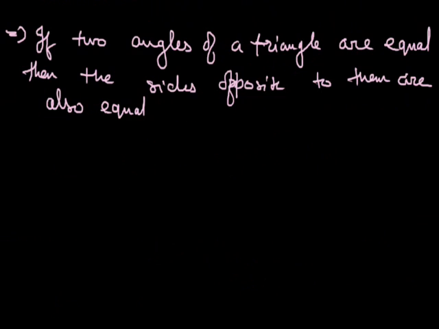In the first theorem we have seen that if we are given a triangle ABC and its side AB is equal to AC, then the angle opposite to side AB, that is angle C, and the angle opposite to side AC, that is angle B, are equal. This is the first theorem.